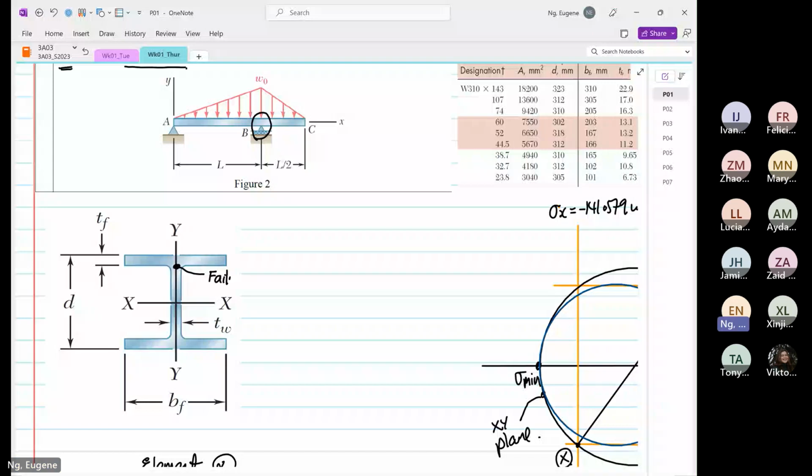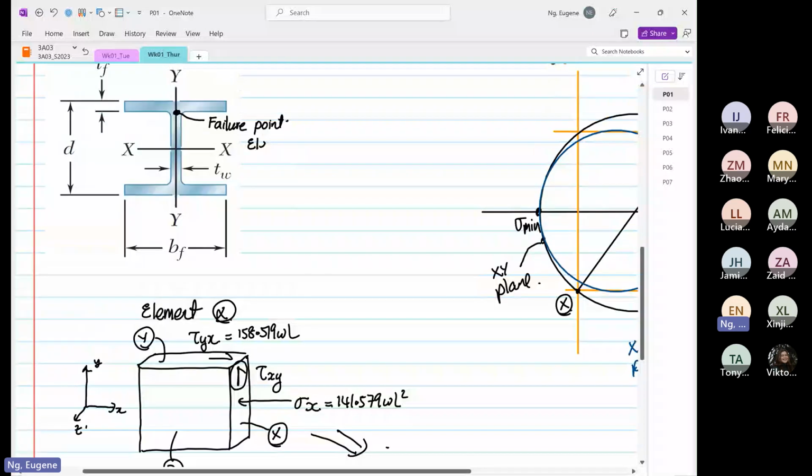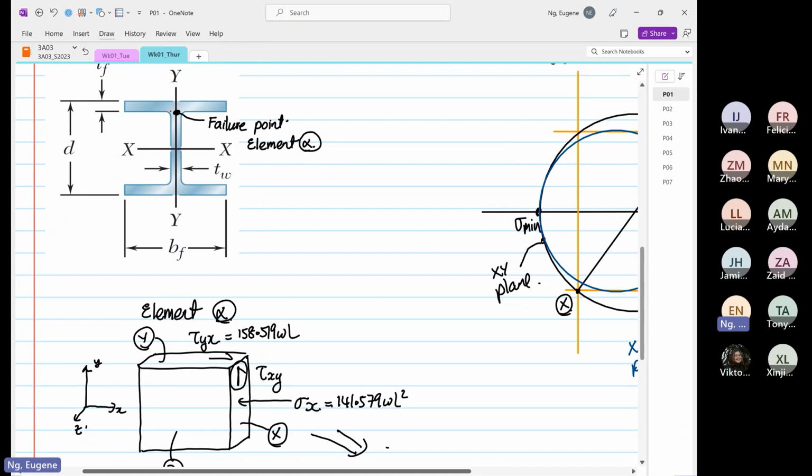On the failure point, we place an element, which you had last week, which we call element alpha. We deliberately put it over there because failure will occur here if fracture were to occur in this structure. Fracture will either occur here or here, and that's the only reason why we put our element there.